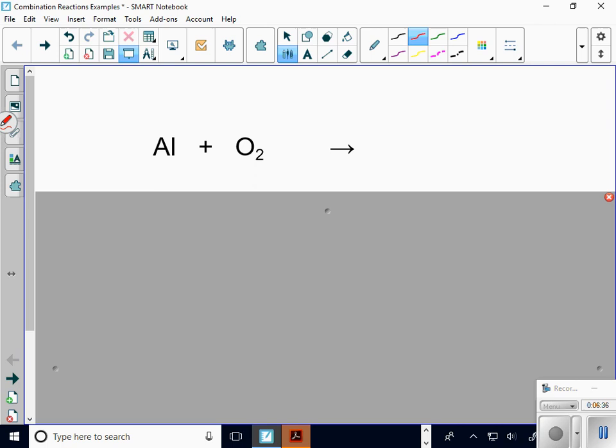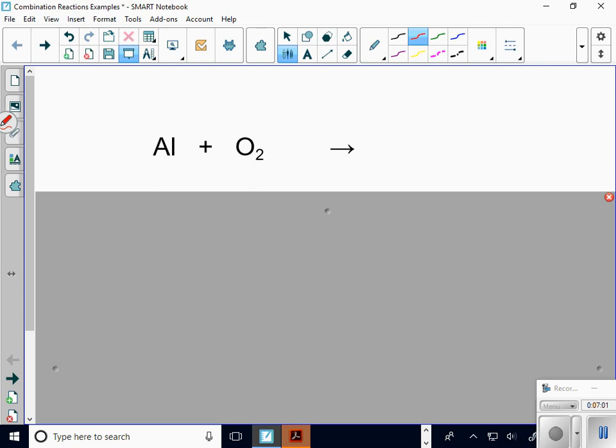Yes, it is. So I am going to have this reaction occur. So I've come to terms with aluminum will react with oxygen to yield what? A metal oxide.